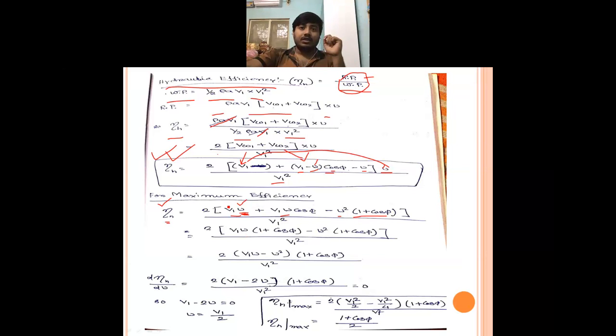Similarly, from the other two terms, if I take v1 u common, it will be v1 u multiplied by 1 plus cos phi. So let us take common 1 plus cos phi. It will come 2 into (v1 u minus u square) multiplied by 1 plus cos phi. So we have done the middle term factor of this, and v1 square in the denominator is already there.